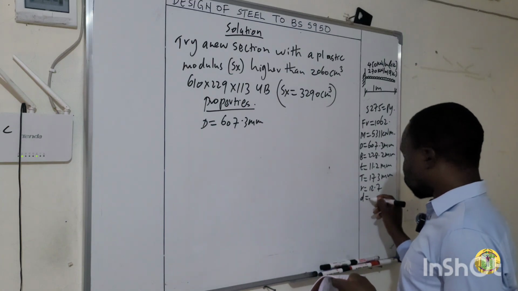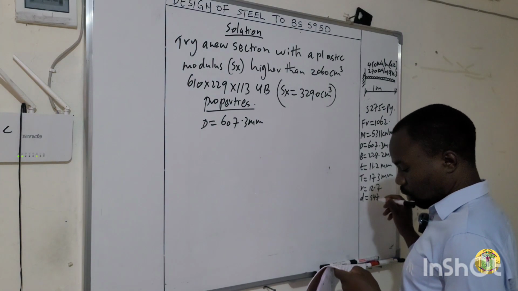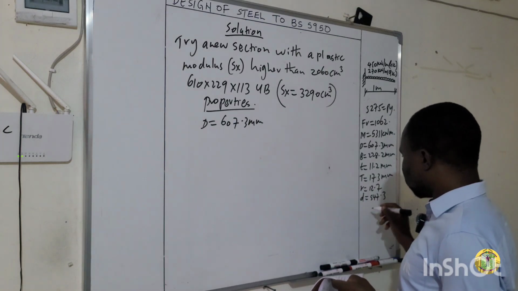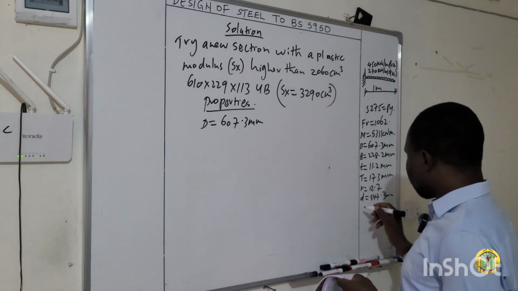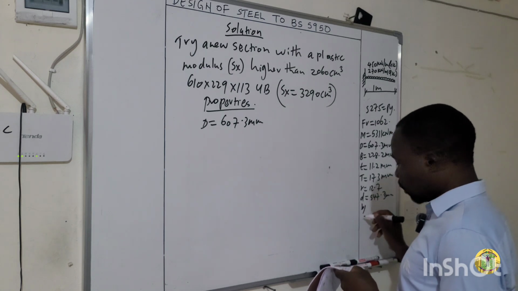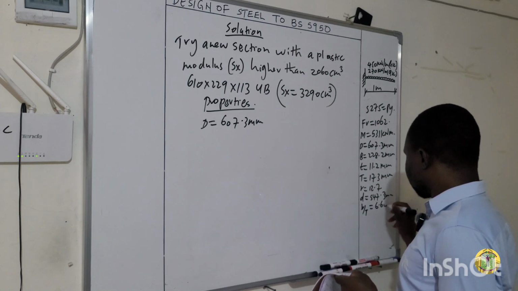Small d is equal to 547.3 millimeter. B over T, this is capital T, is equal to 6.60.